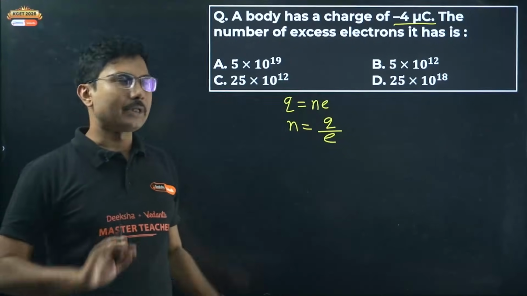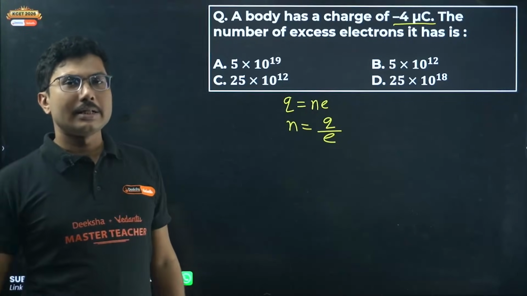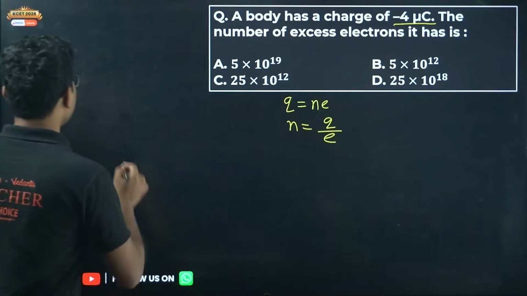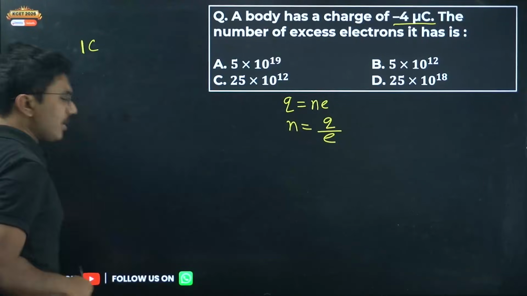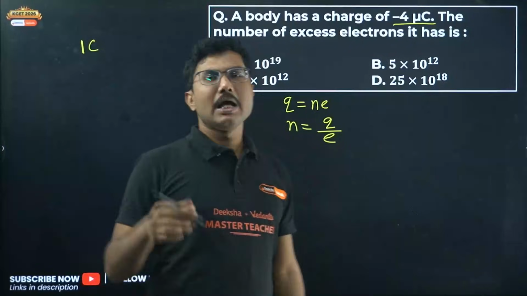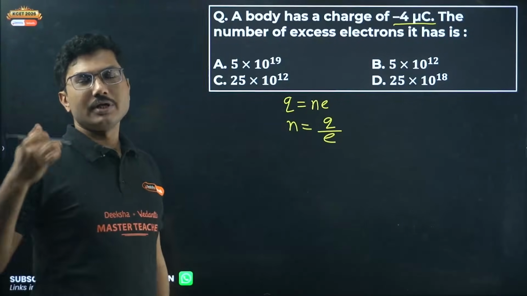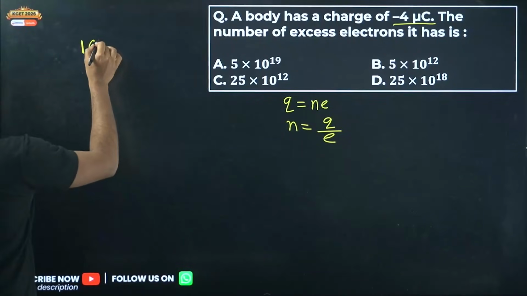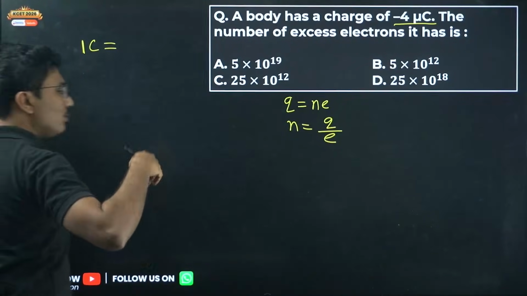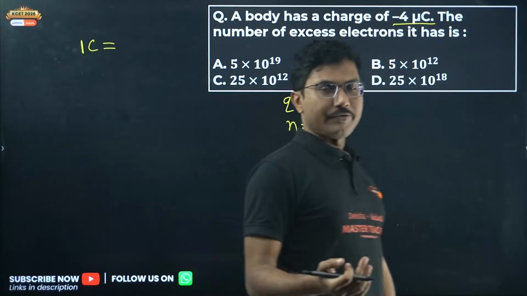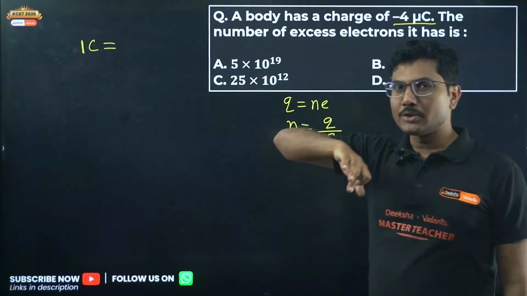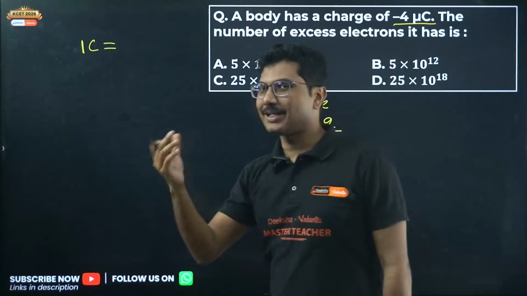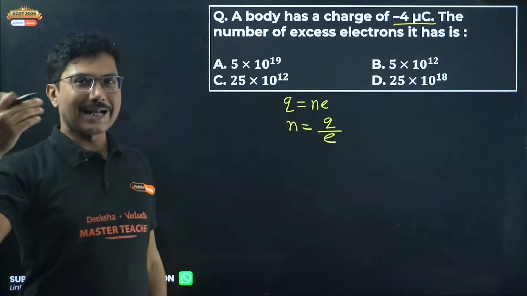Otherwise, there is a much simpler method. You have to remember that if 1 coulomb of charge is there, the number of electrons that you need to add or remove, if it is a positive charge, you have to remove. If it is a negative charge, you have to add extra electrons.